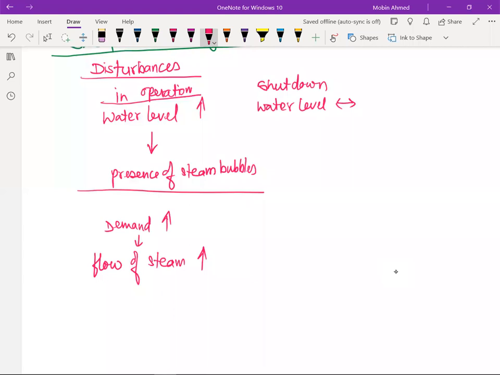And if it increases, then the pressure of the drum is going to decrease. If the flow of steam increases, the pressure of the drum is going to decrease.